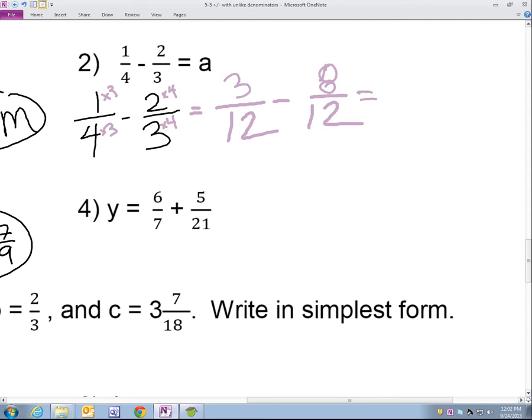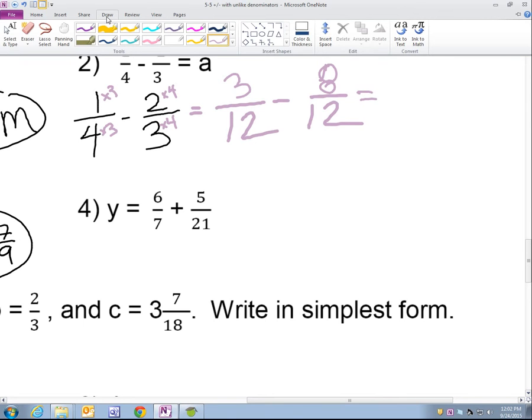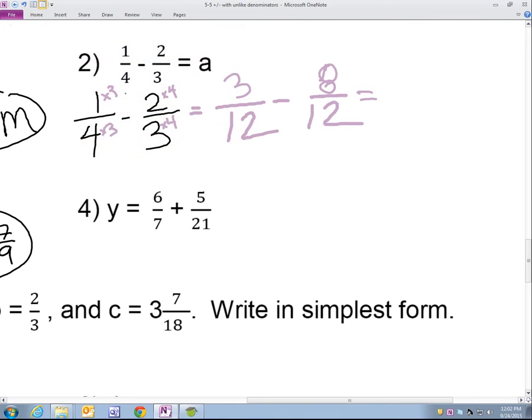Now I have 3 minus 8. I have 3 minus 8. I'm going to be in the negatives, exactly. So it's going to be negative 5 12ths. Can that be reduced? No, it cannot.